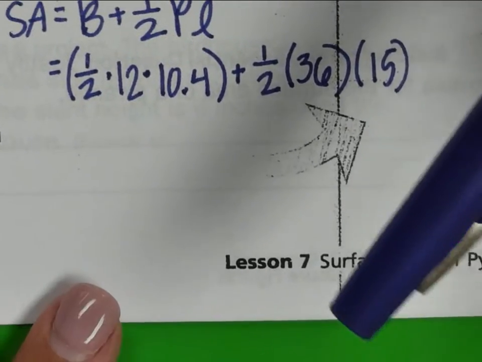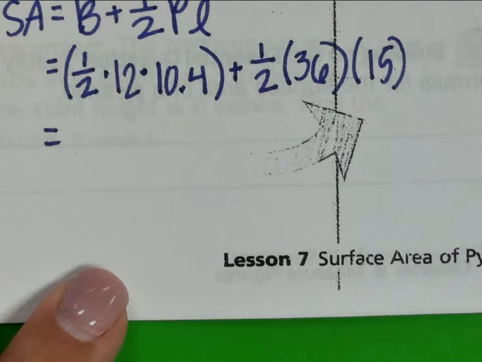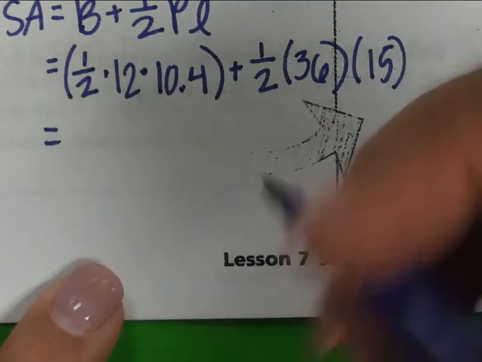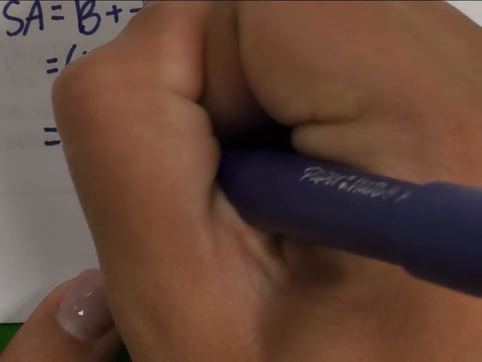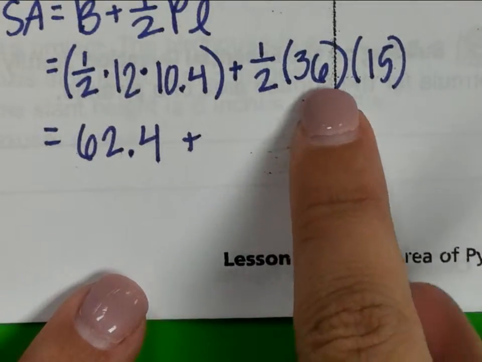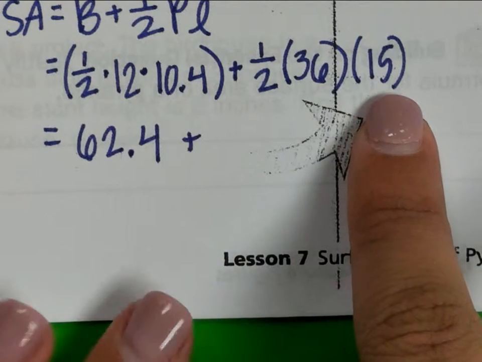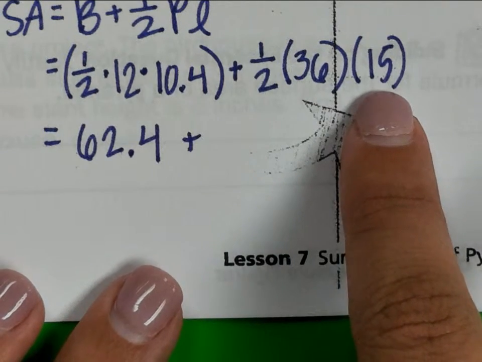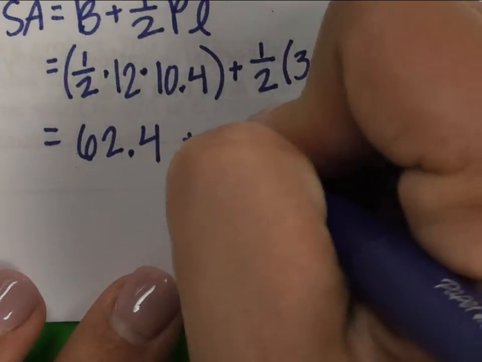So what is 1/2 times 12 times 10.4? 62.4. And then add that to 1/2 times 36 times 15. What is that? 270.